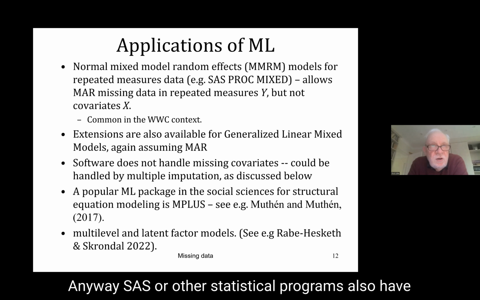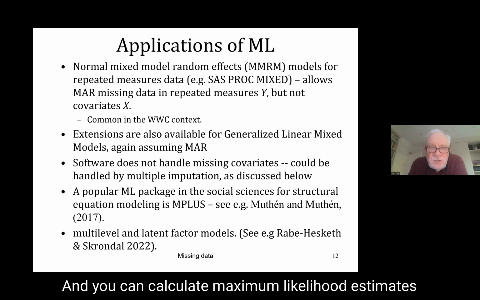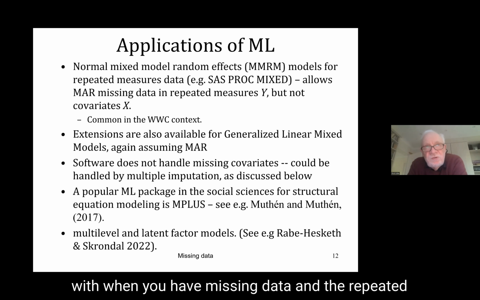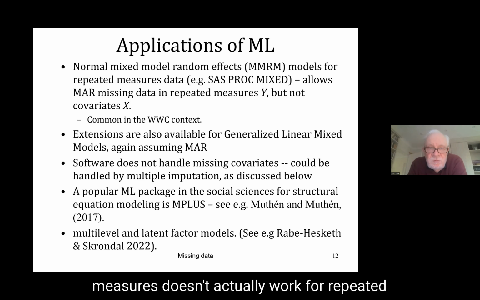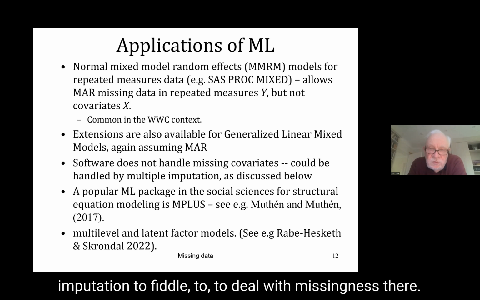Anyway, SAS or other statistical programs also have repeated measures models that are very useful. And you can calculate maximum likelihood estimates when you have missing data in the repeated measures. It doesn't actually work for missing values in the covariates, the baseline variables. For that, you need to do something like multiple imputation to deal with missingness there.